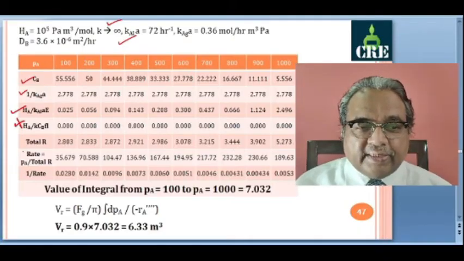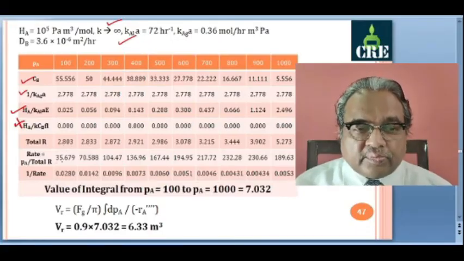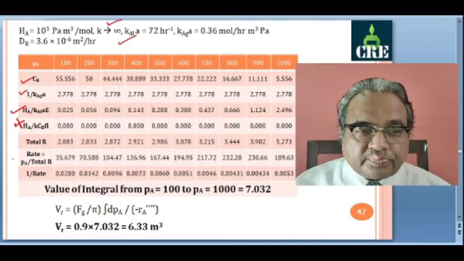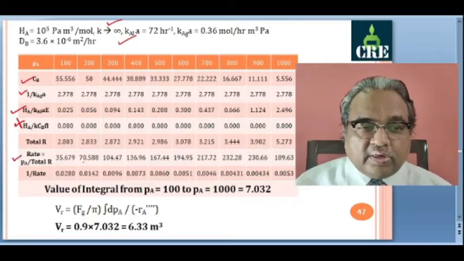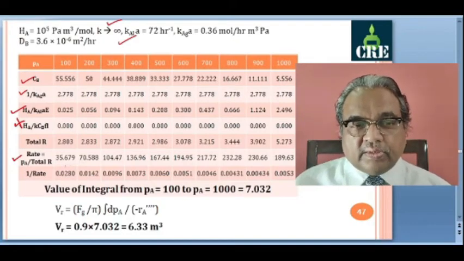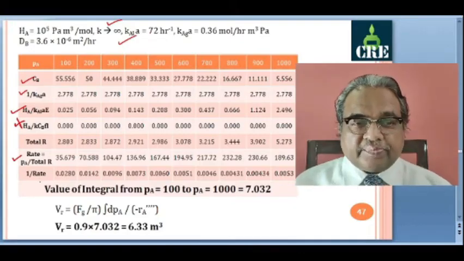That means rate is PA, corresponding value of PA divided by resistance. So this value PA by total resistance is giving us rate. So this is varying. Then you calculate 1 upon rate.